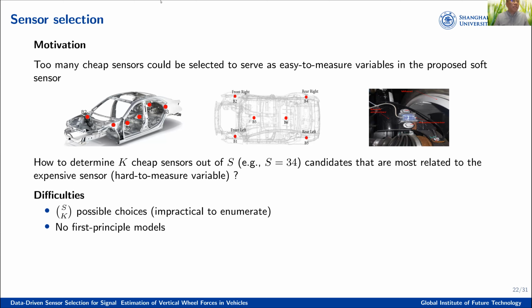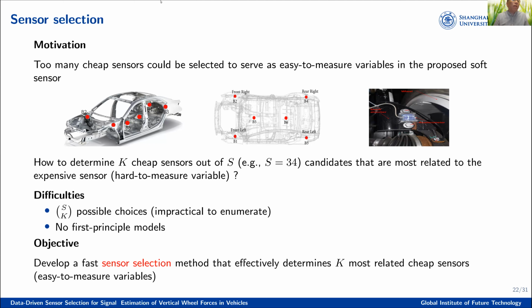And secondly, there is no first principle model. So the question is, can we still do that? The objective is to develop a fast sensor selection method that can effectively determine the K most related cheap sensors.